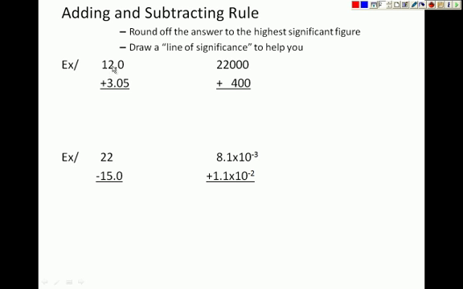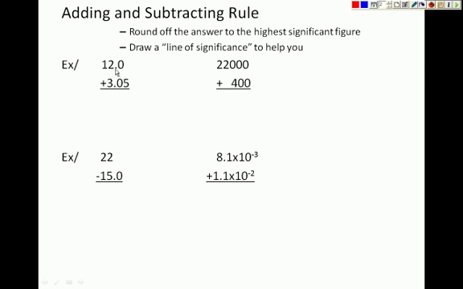So even though this has 3 sig figs and 3 sig figs, it doesn't actually matter how many sig figs the parts in the question have. What is really important is this line of significance. So I'm going to draw a line of significance right here.